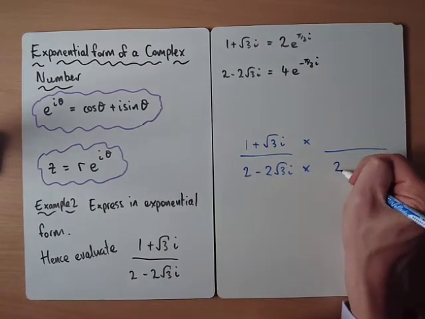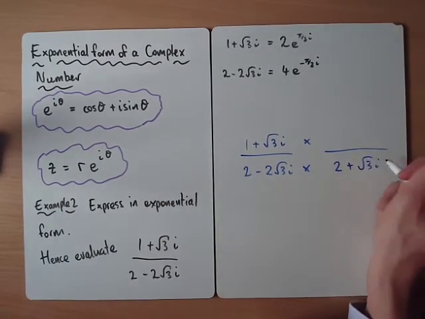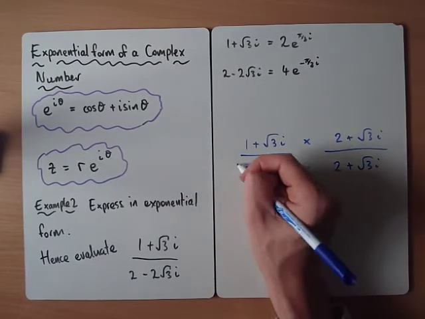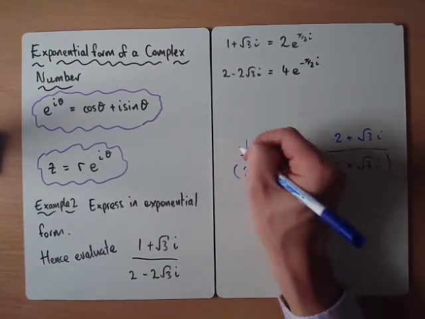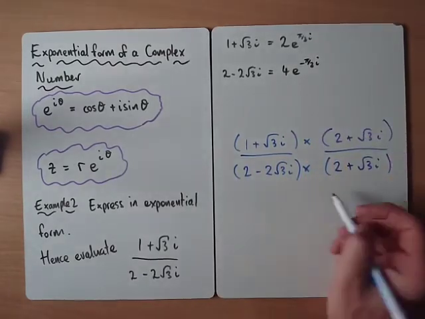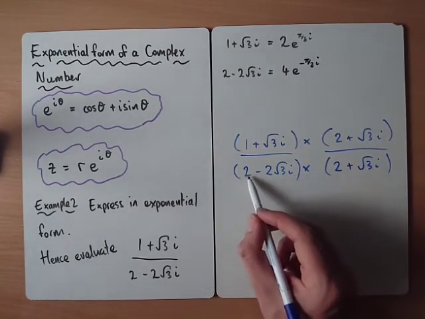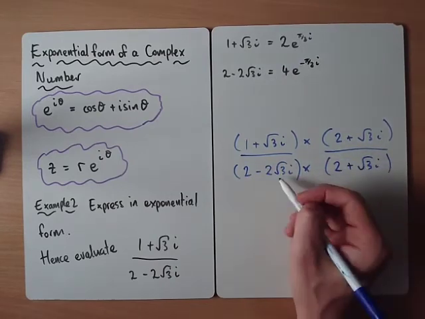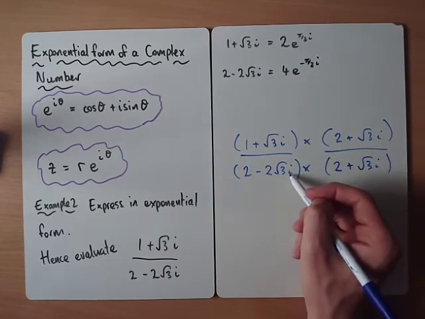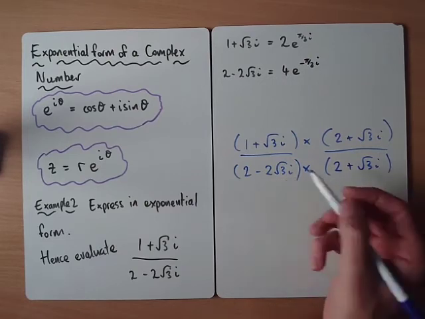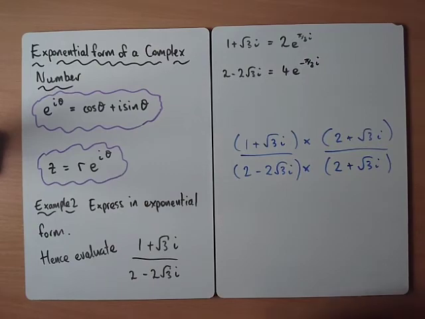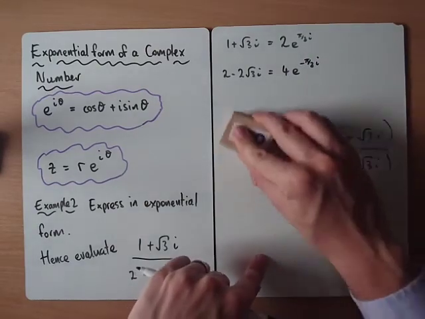So we'd multiply by 2 plus root 3i, 2 plus root 3i, and when we do that, the denominator would become real because you get 2 times 2. The bits in the middle cancel out, plus minus, and then you get this times this, and because you have i squared, it becomes real, so we end up with a real number on our denominator, and then we can just tidy up and get it into a Cartesian form.